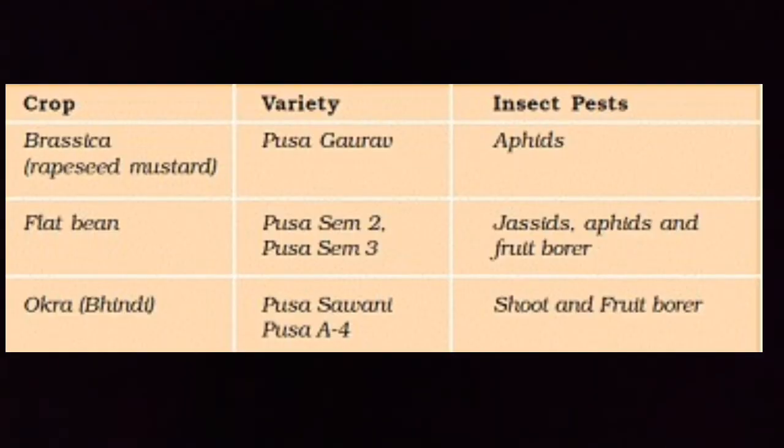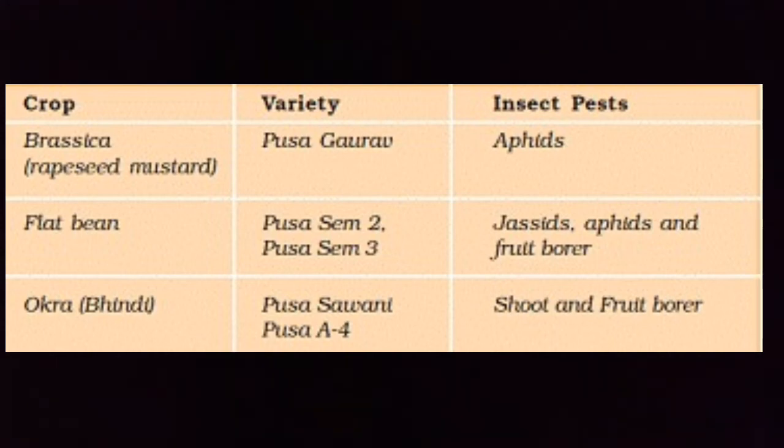Now the next table we are discussing is table 9.2. Same chapter 9, and the table is provided for plant breeding used for developing resistance to insect pests. When you go through the table, a number of crops and their different varieties appear. The most important is Pusa A4.